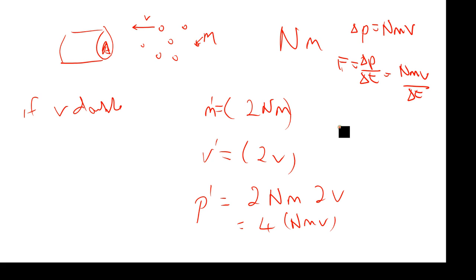But now the new force is the new momentum over the same change in time, and you realize that it's 4nmv over change in time, which is 4 times that. So this is the reason behind it.